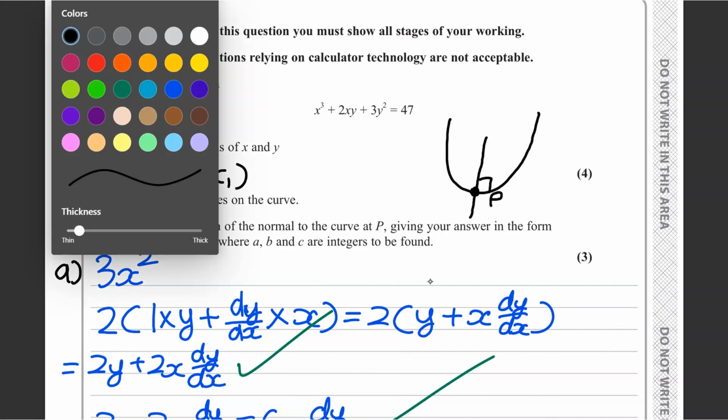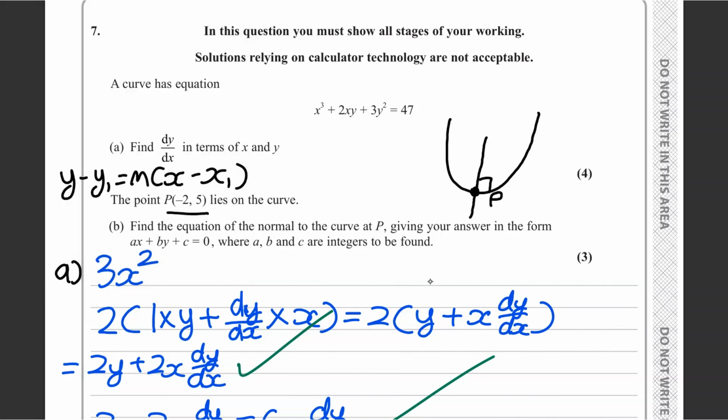So we can find the gradient m, and therefore the gradient of the normal, as it's perpendicular, remember how perpendicular gradients work, it's going to be minus 1 over m. So this is going to be the gradient of the normal.